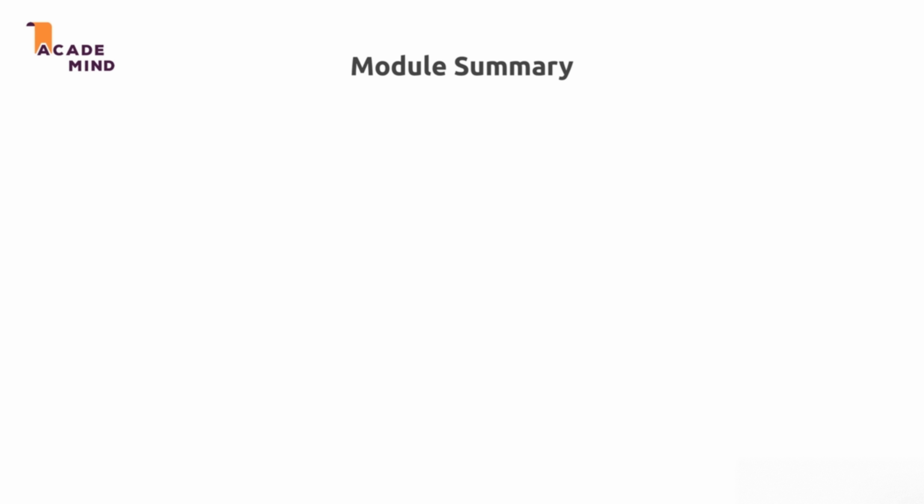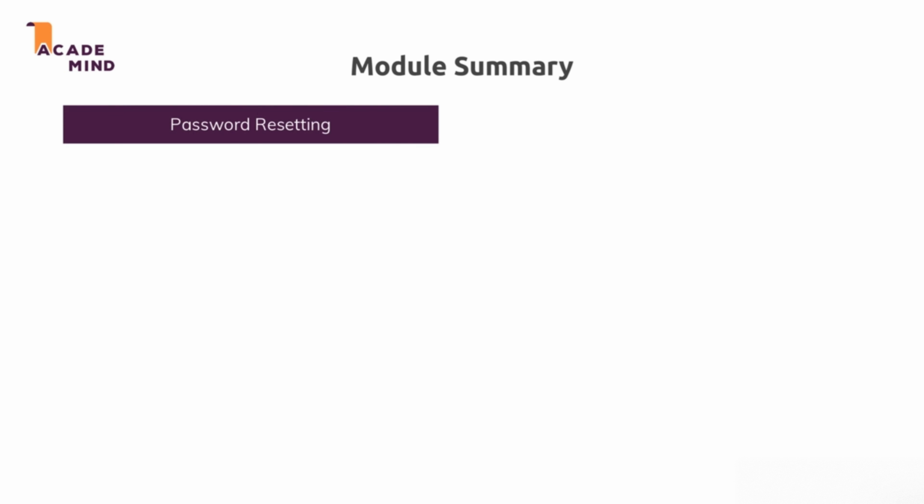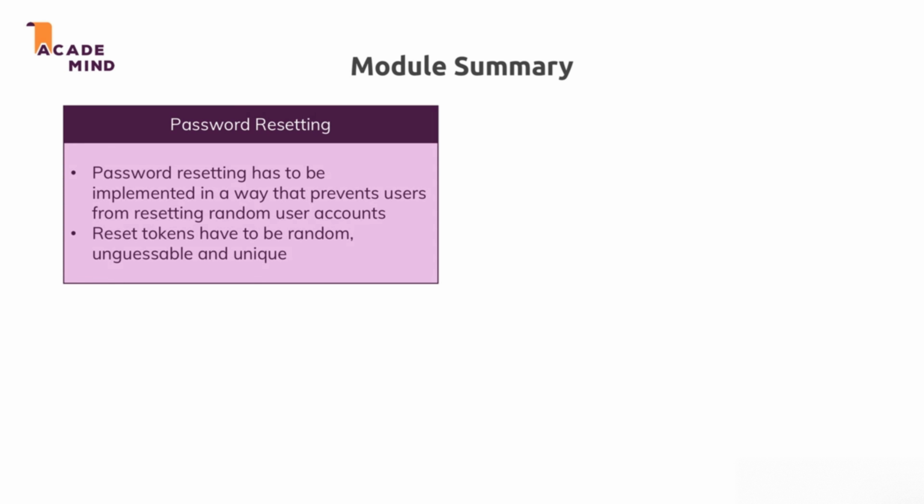In this module, we had a look at some advanced authentication-related topics. Namely, we had a look at password resetting. And there it was important to understand that you of course have to implement password resetting in a way that prevents users from resetting random user accounts. Therefore, we implemented such a short-lived password token so that it's not valid forever to reduce the chance of it being generated by some brute force attack.